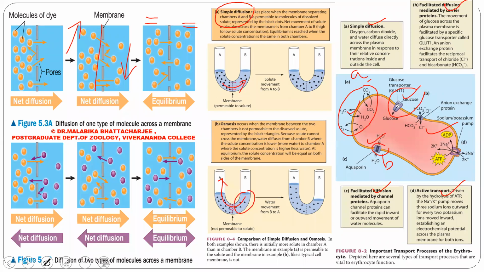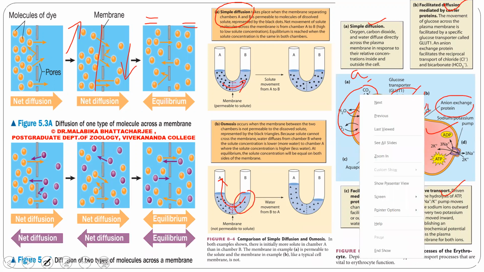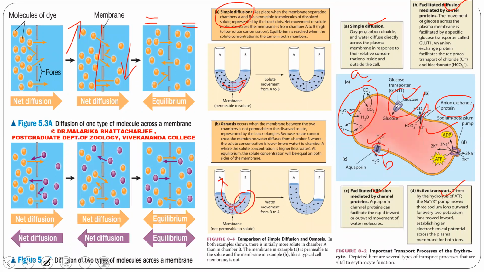There is another protein, the anion exchange protein. This also falls under facilitated diffusion. In this case, you can see the inward movement of chloride ions as a result of bicarbonate ions moving out. So that is an anion exchange protein.